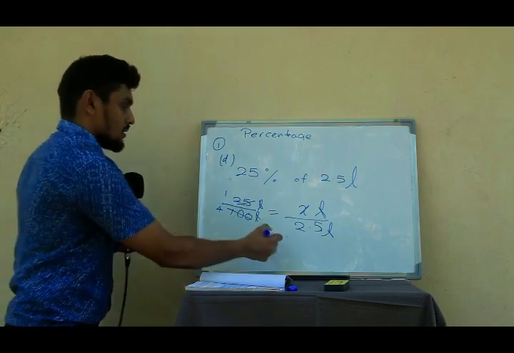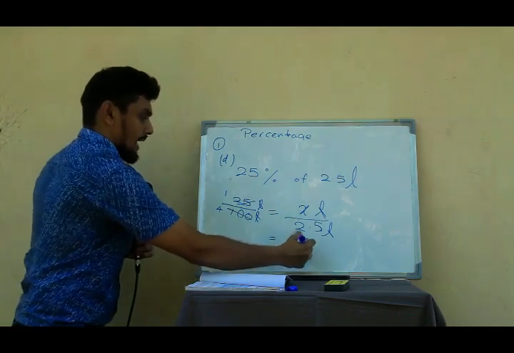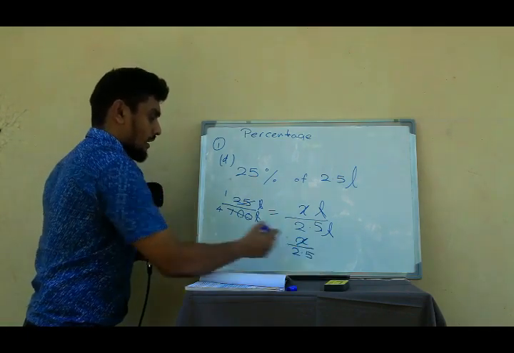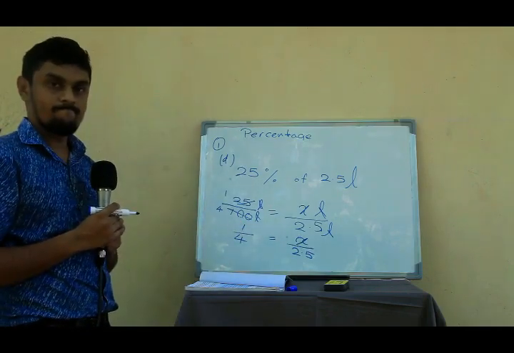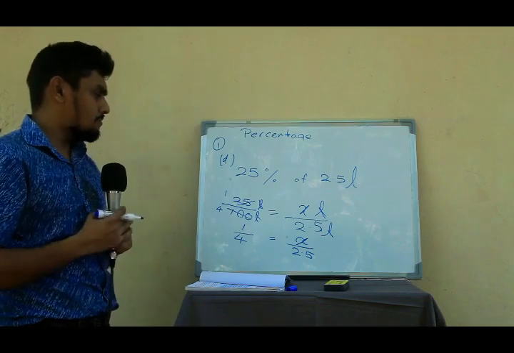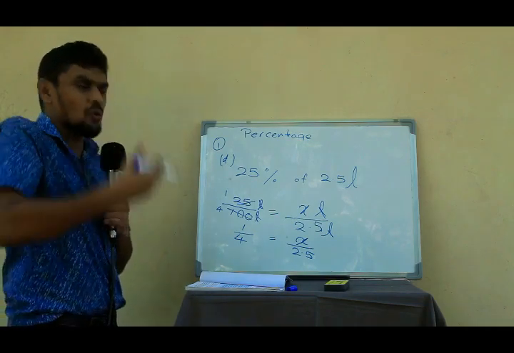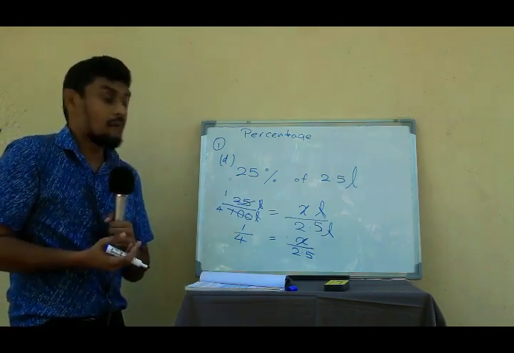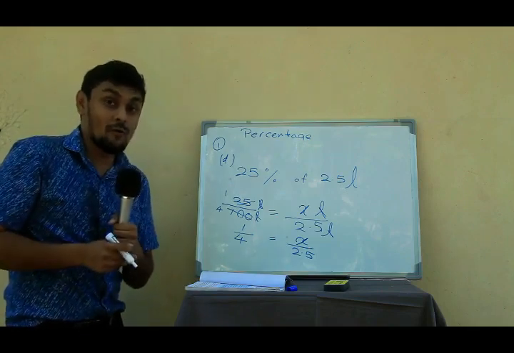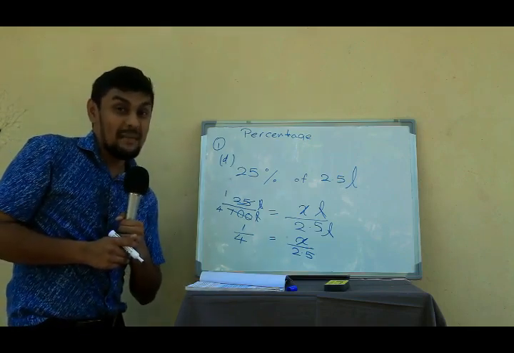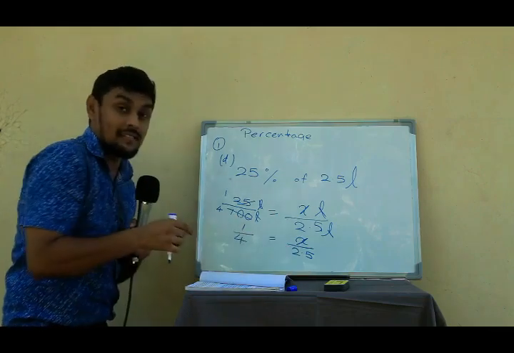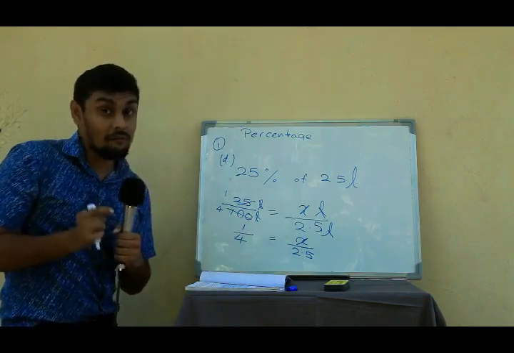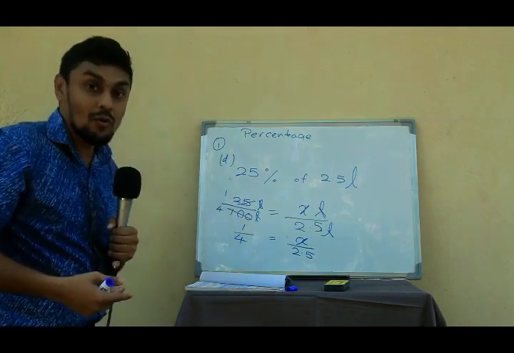Okay. So here is x, here is 2.5, here is 1 and here is 4. So this one we can solve as liters, but the simplest way we can go for the answer as milliliters. That's better. Why? There are decimal places.